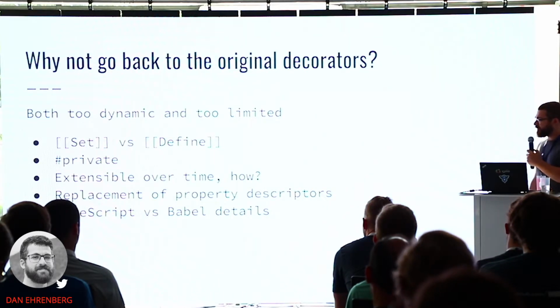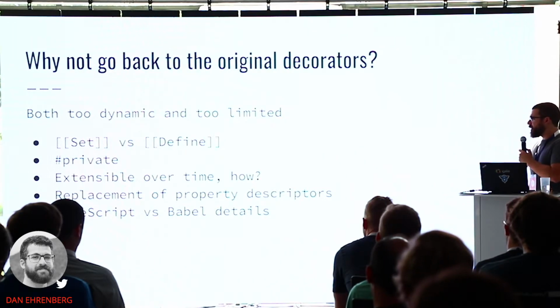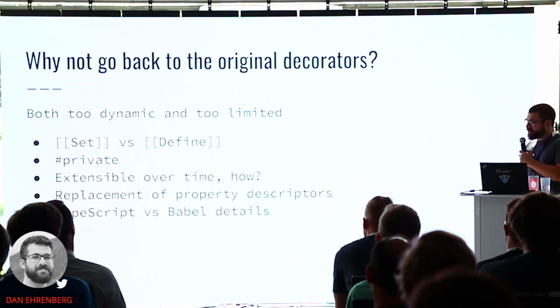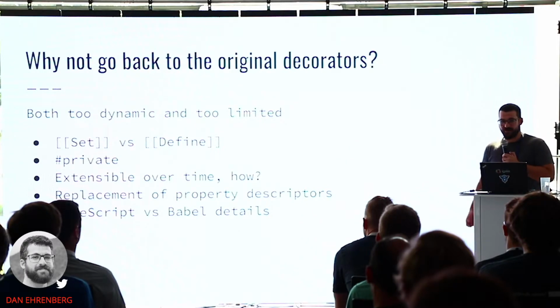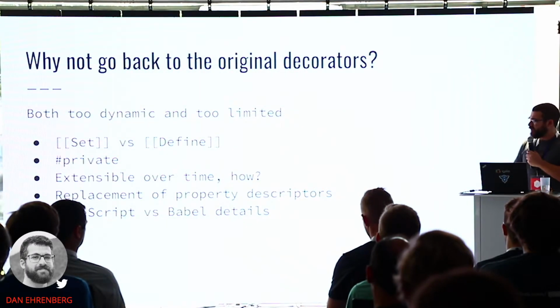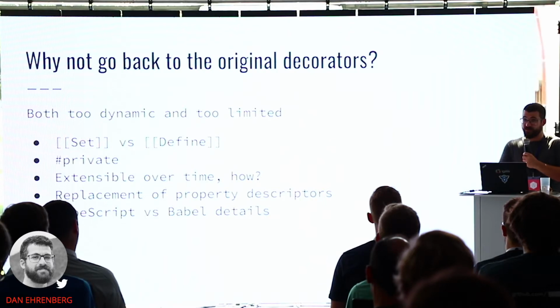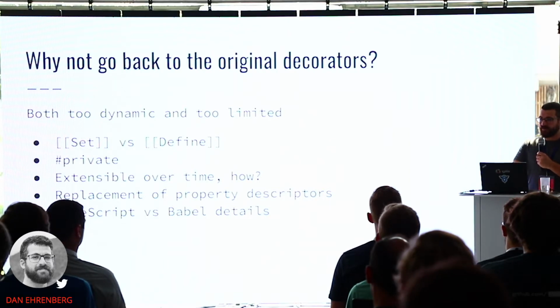So that makes it even less clear how to fix these problems. Yeah, and there are inconsistencies of Babel versus TypeScript, and they're both in heavy use. So yeah, it doesn't seem viable to standardize the original version of decorators or the version that we were proposing previously in committee.